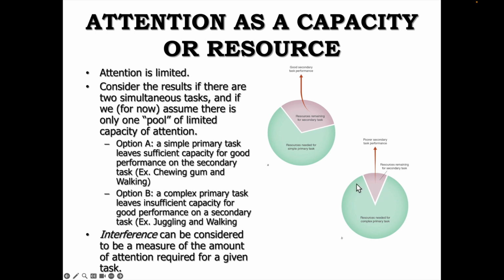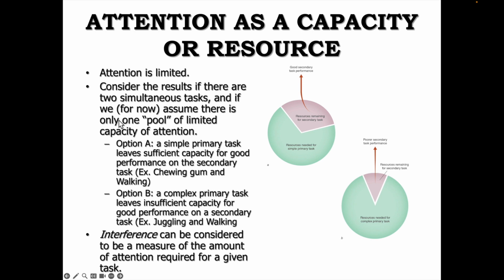These two pictures give an idea of looking at attention as a finite capacity or resource. We know that attention is limited, so there's a finite amount of attention that we can give at any one time. If we're trying to do two tasks simultaneously, we have to devote certain chunks of our attention to each of those tasks.